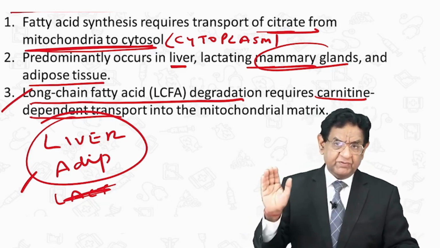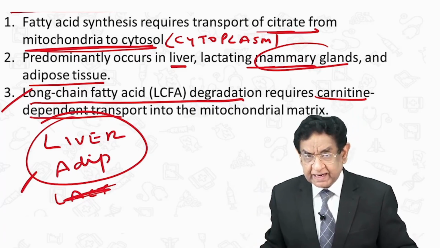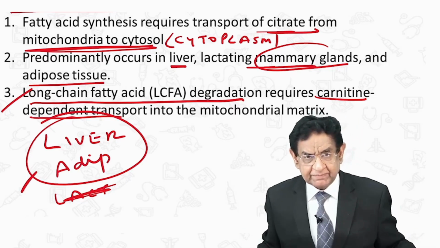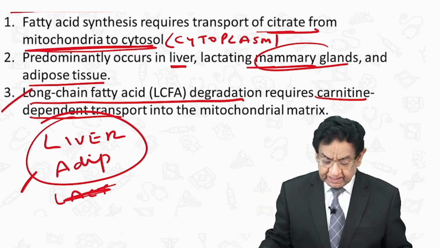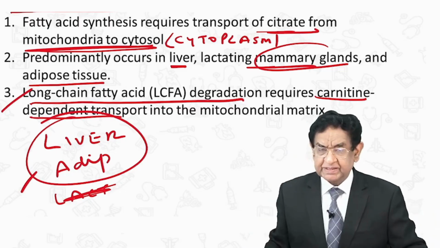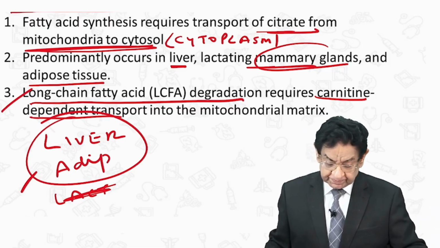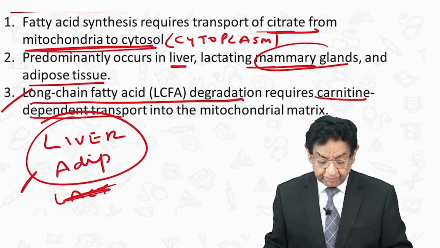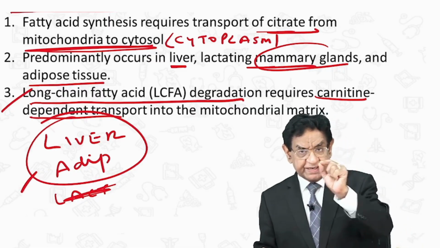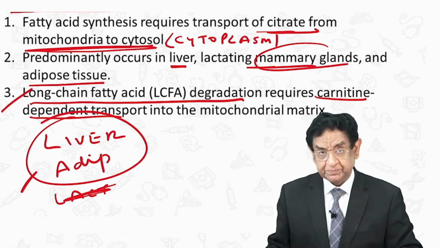Then fatty acid was degraded by entering into the mitochondria by carnitine shuttle, where it makes acetyl coenzyme A, which makes citrate, which again starts the cycle, and the other is ketone formation. And ultimately what we read is that the site of fatty acid metabolism is liver and adipose tissue. Okay.